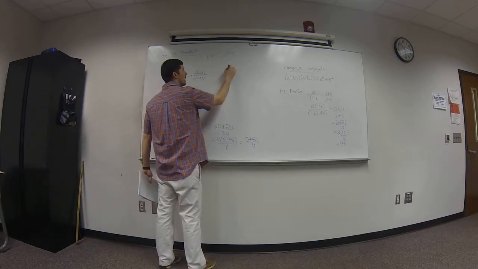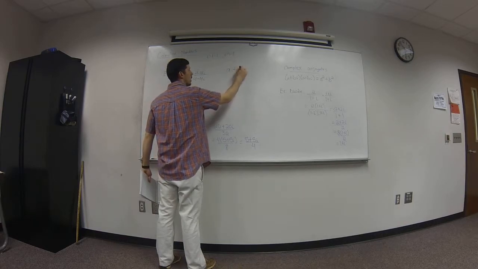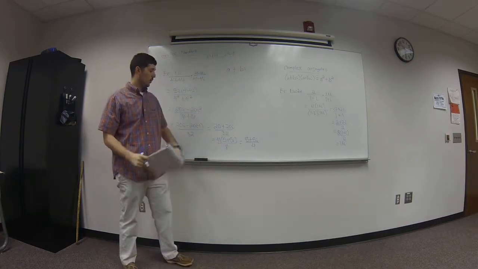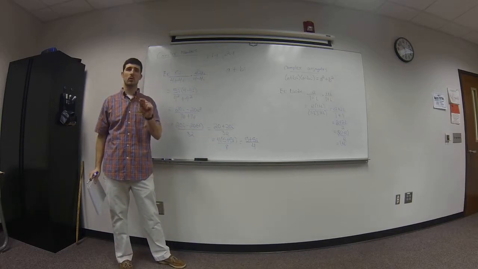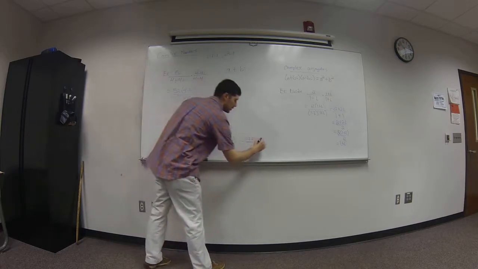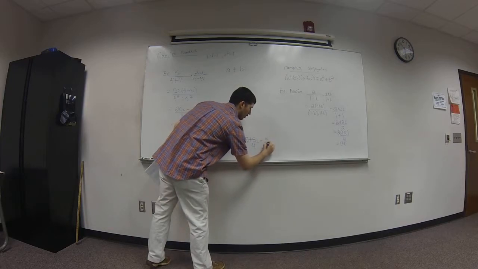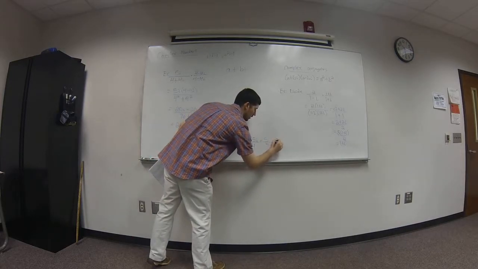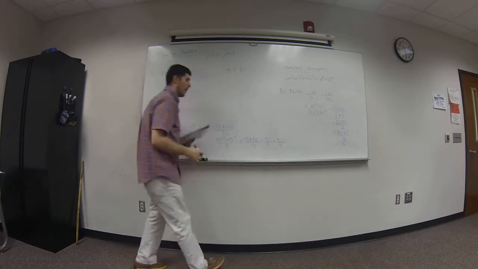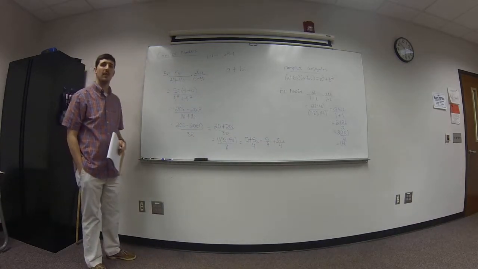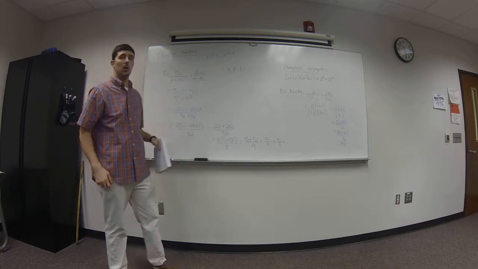Standard form is we have a real part plus an imaginary part. So once we get to this part, we need to split it up into our real plus our imaginary. So just break it apart. So you have 5 over 4 plus 5 over 4i. So you must split your final answer up to where it is in standard form.